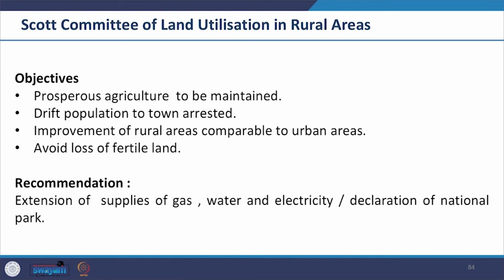The recommendation of the committee included extension of supply of gas, water and electricity, as well as declaration of national parks in the countryside. Moving on, we see in 1946 the New Town Act came.